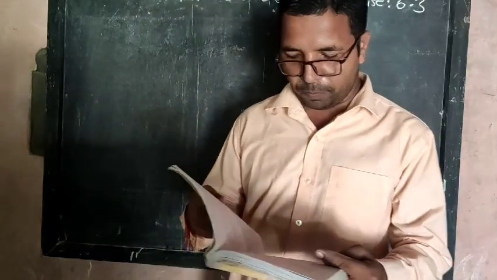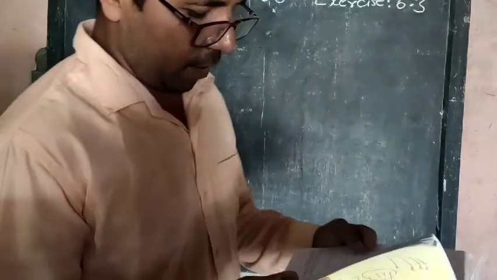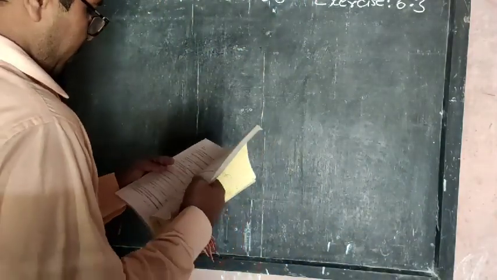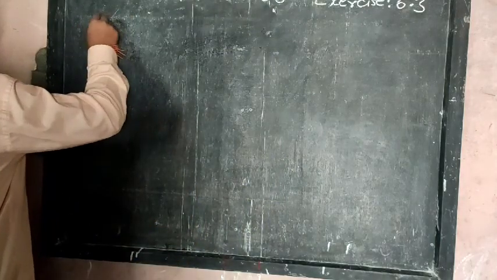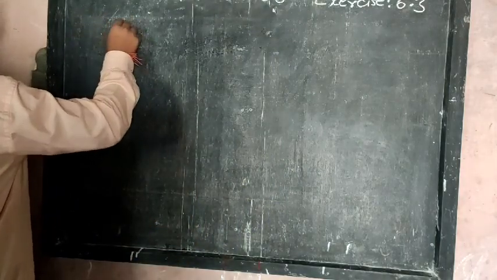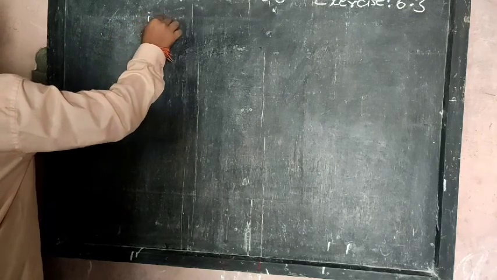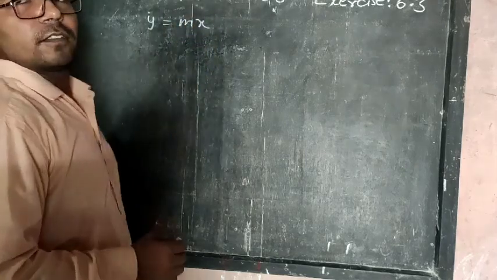So suppose a straight line is passing through the point x naught comma y naught, having a definite slope m. We have seen y is equal to mx plus c, where c was the intercept form.